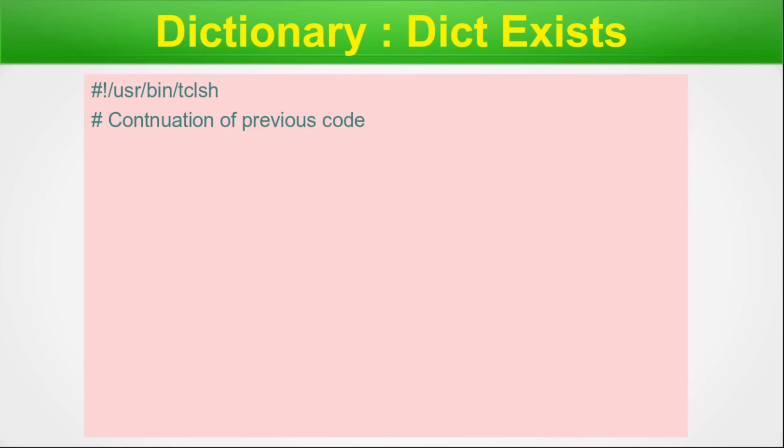This is the continuation of previous code, and we set a list. This list contains a couple of extensions: .txt, .org, .rar and .doc. So it contains 4 elements.